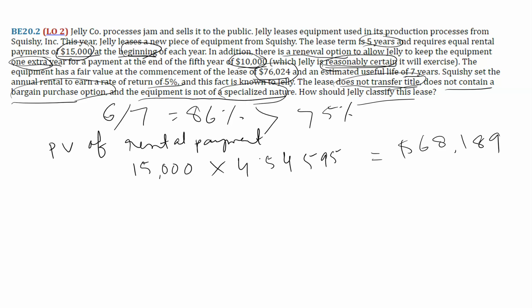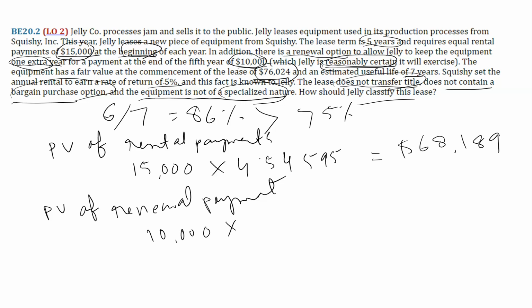What is the present value of $1 that you will pay in 5 years based on the 5% interest rate? This will be the present value of the renewal payment. The renewal payment is $10,000.